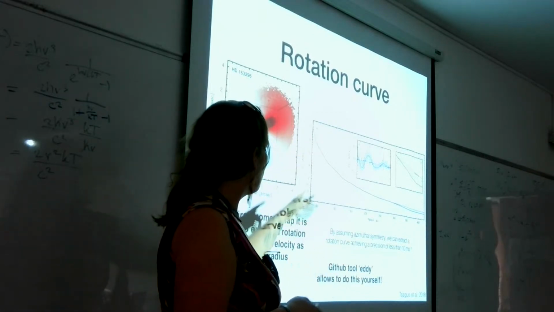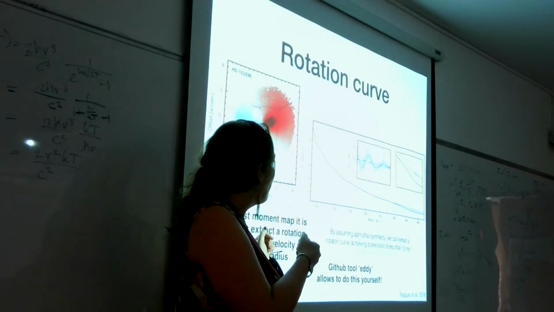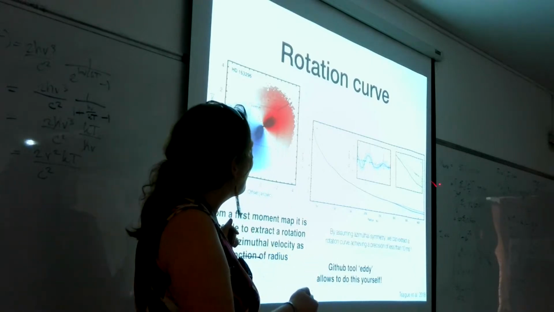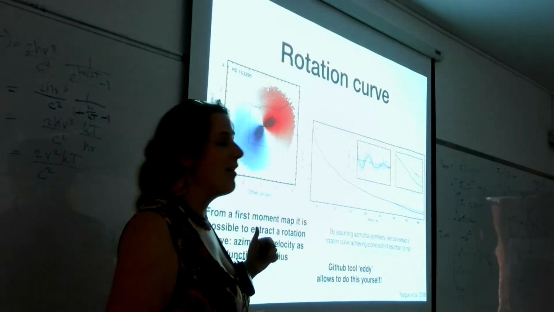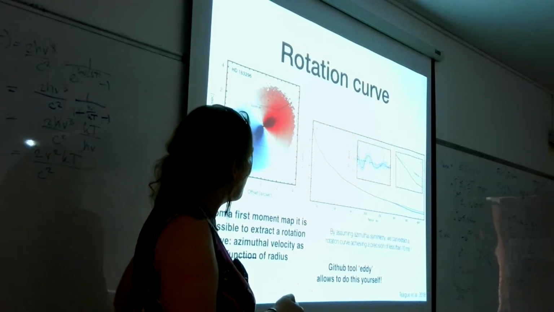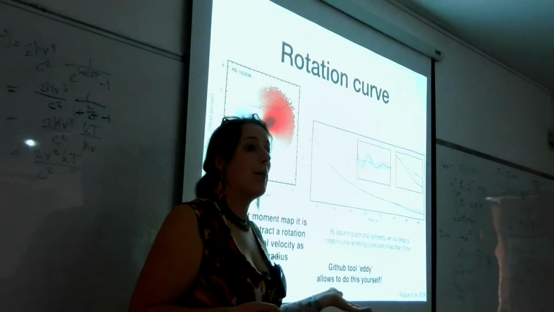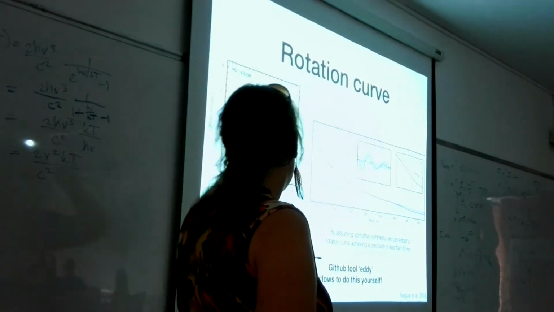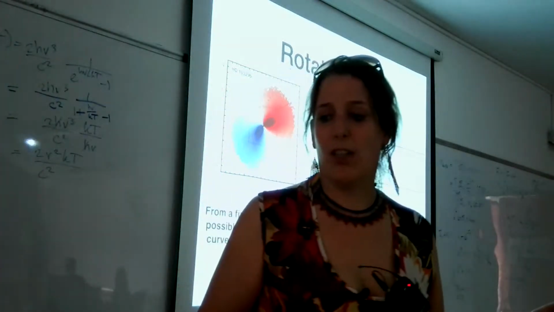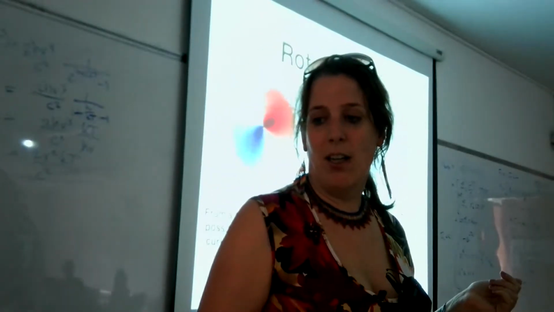But if you extract a profile like this, with v_phi as a function of radius, you can compare it, with the error bars, with a perfect Keplerian profile. What was found is that there is quite some variation along that profile, which means there is some non-Keplerian motion. There's this GitHub tool called Eddy that you can use to do this yourself if you're interested in this kind of analysis.